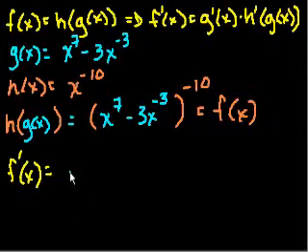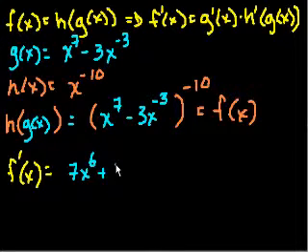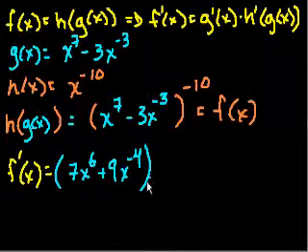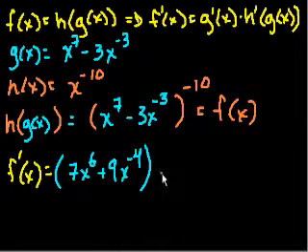Derivative of g of x is 7x to the 6th, and minus 3 times minus 3 is plus 9x to the minus 4, right? I just took minus 3 and went down 1. So that's g prime of x. And then times h prime of g of x.